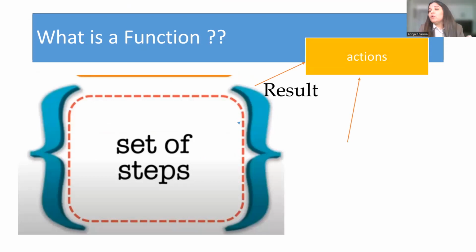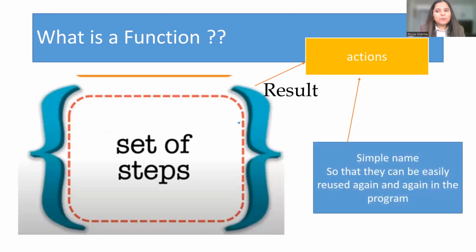But as a programmer, I can give any name to my action and reuse it again and again to make my code reusable and short. So let's take a deep dive into how functions look in programming and how we deal with them.